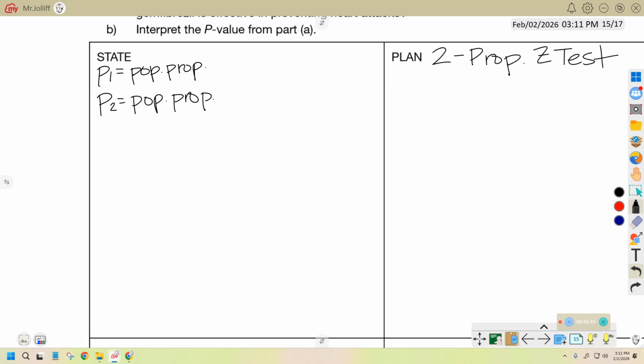So population proportion of, and then the thing that separates them. Group 1 was given a medication, so men on meds. The second group was given a placebo, so men on placebo.